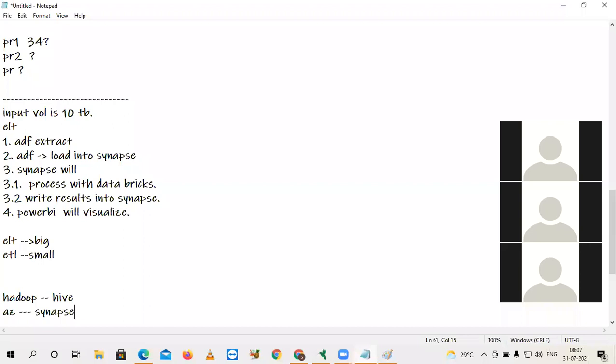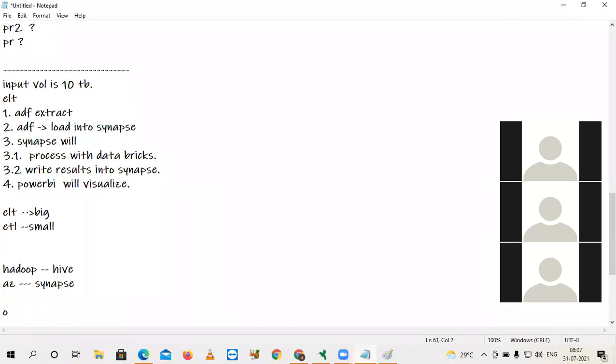Is there any difference between Azure Synapse and Azure Synapse Analytics? Azure Synapse is the warehouse, and Synapse Analytics is to process the data if it is structured. Okay, thanks. Let's talk about Oracle, sir.